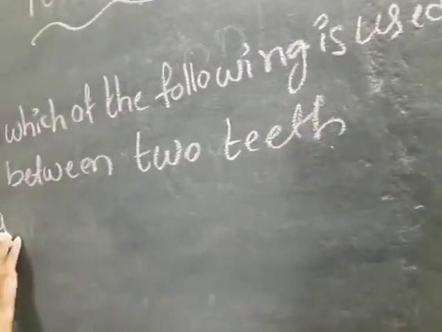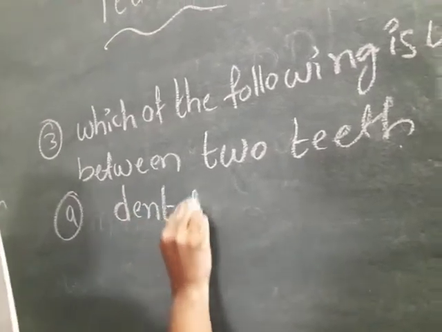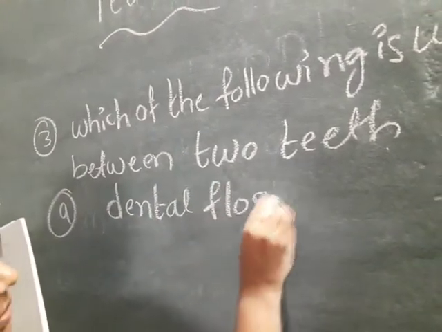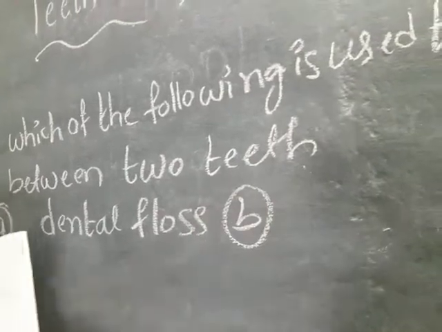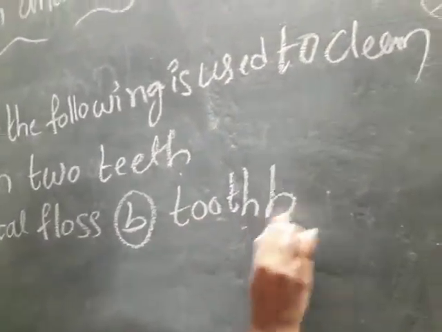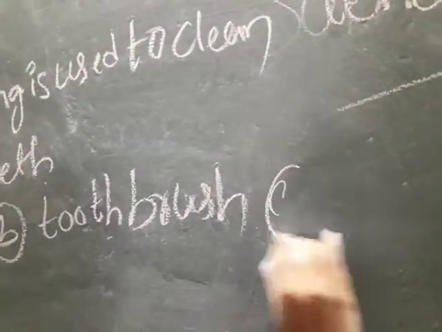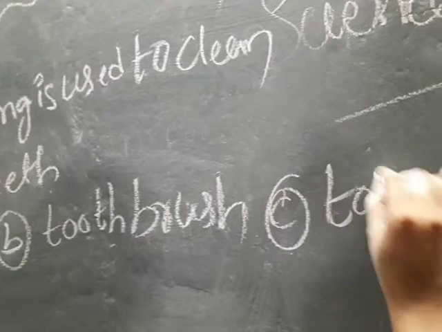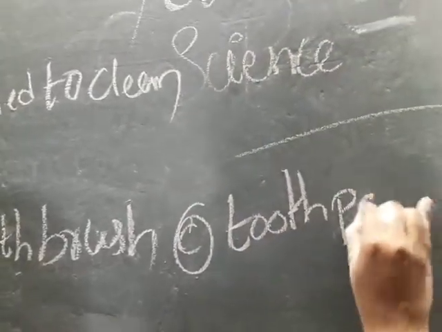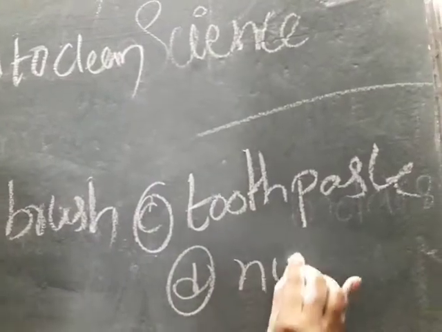Options: A, dental floss; B, toothbrush; C, toothpaste; and option D, nutcracker.